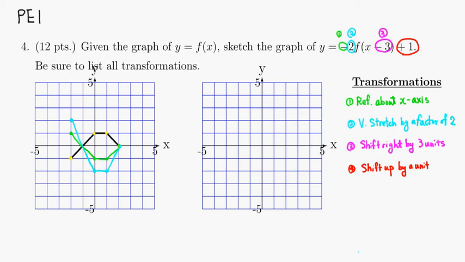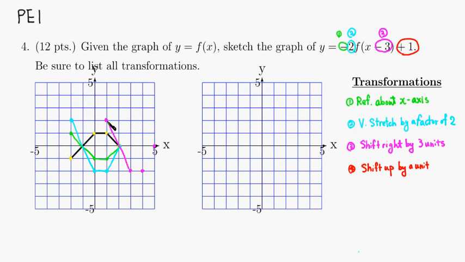Alright, and the third transformation, shift right by 3 units. This is an easy one. You just have to go 1, 2, 3. So we're going to put a dot there. Again 1, 2, 3, put a dot there. 1, 2, 3, a dot there. 1, 2, 3, you have a dot there. Then we can just connect them all together.